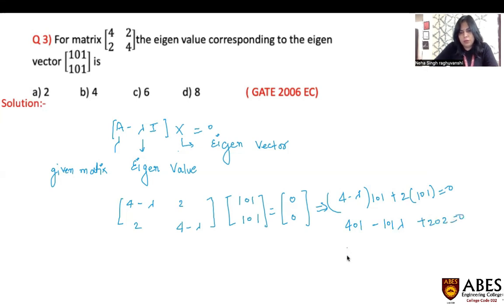It means 101 lambda is equals to 404 plus 202, that is 606. Then lambda would be 6. So the answer is 6.